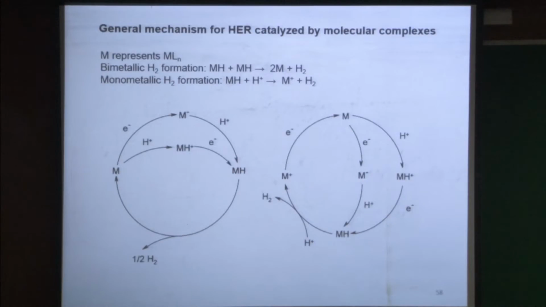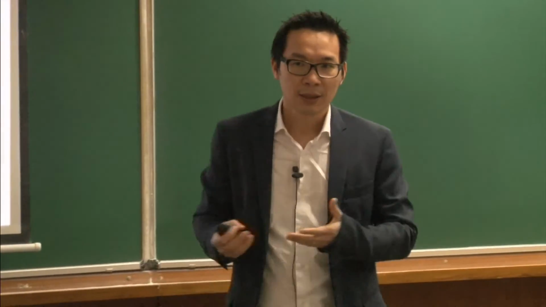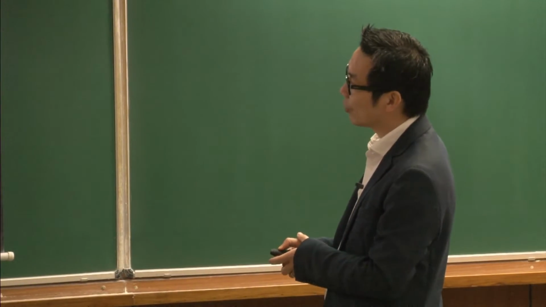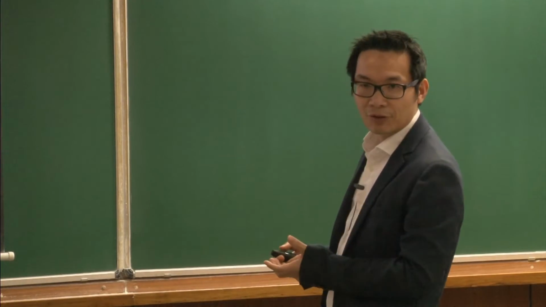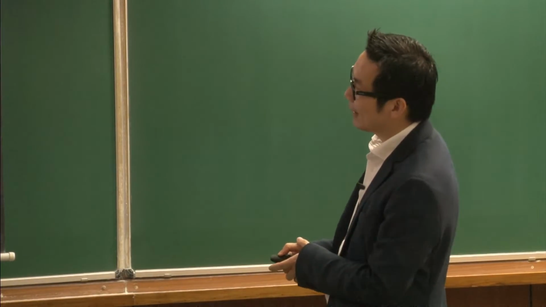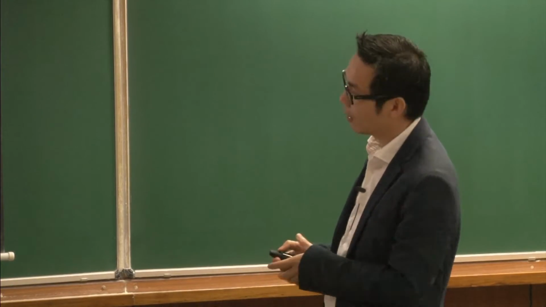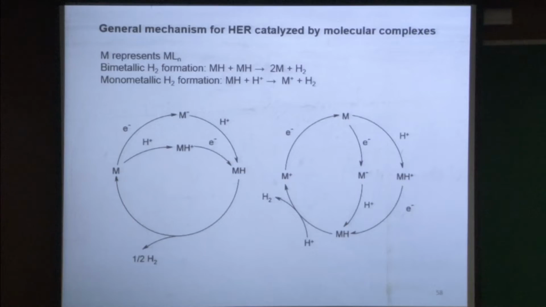Again, the order of electron or proton addition pretty much depends on your system. But you can see that in general, in either pathway, you have 2 electrons and 2 protons to make 1 hydrogen. In the first case you make half a hydrogen per cycle, so you can follow the logic. Regardless of the nature of the catalyst, the ligands, and so on, you can use this kind of scheme to explain the mechanism.